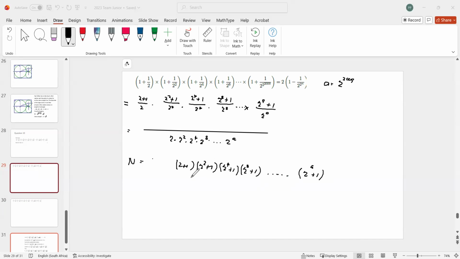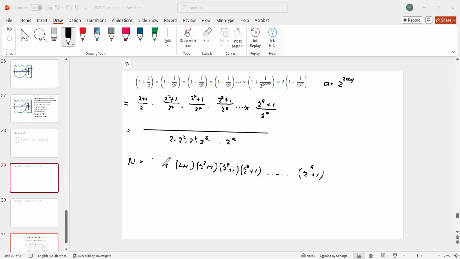Now, how do you multiply this? There's a beautiful trick which I'm going to use. Never ever done this before. I'm going to solve this by multiplying it by 1. I can multiply this entire thing by 1.